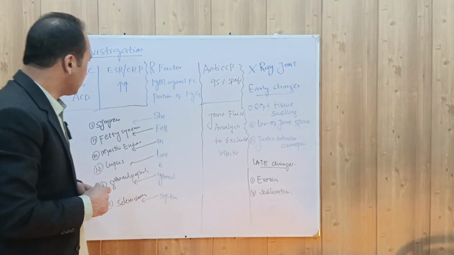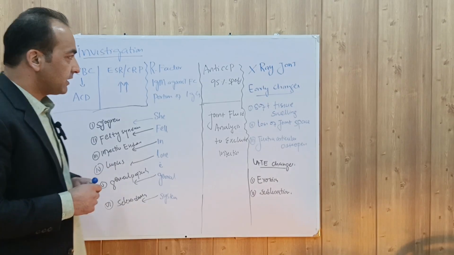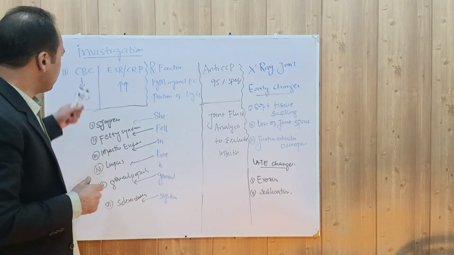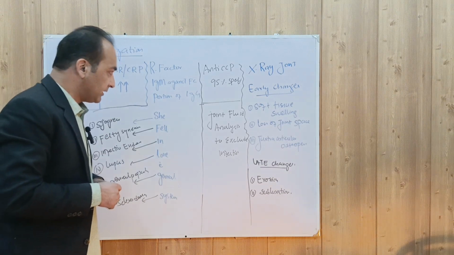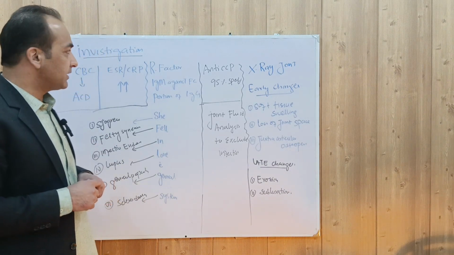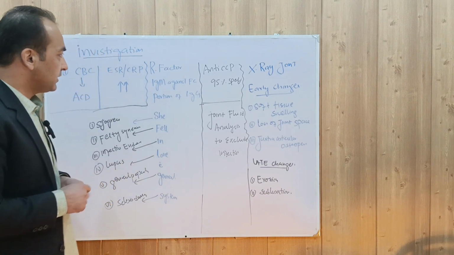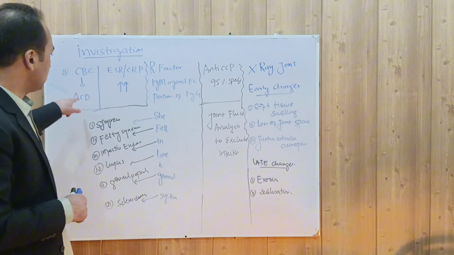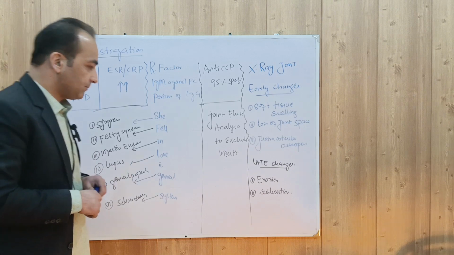Now the investigations done for rheumatoid arthritis include the complete blood count, and as we know, rheumatoid arthritis is a chronic inflammatory condition, and any chronic inflammatory condition will lead to anemia of chronic disease. So there will be anemia of chronic disease.